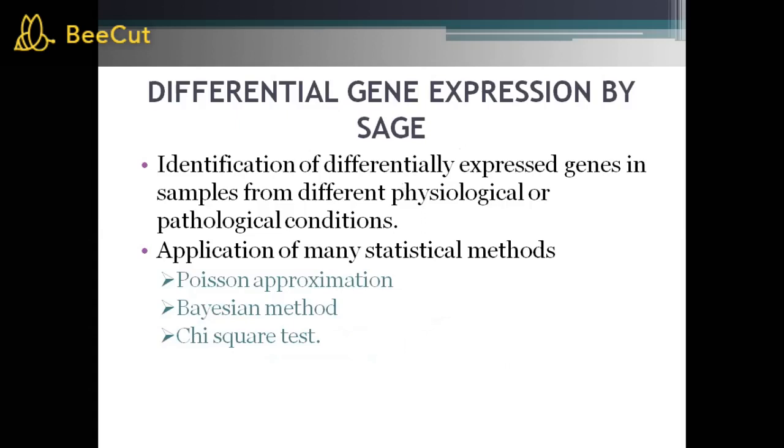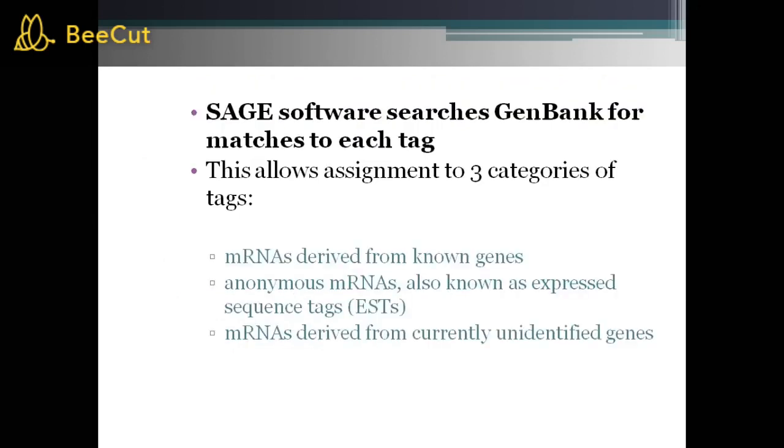Differential gene expression by SAGE allows identification of different physiological or pathological conditions, with application of many statistical methods. Search GenBank for matches to the tag.